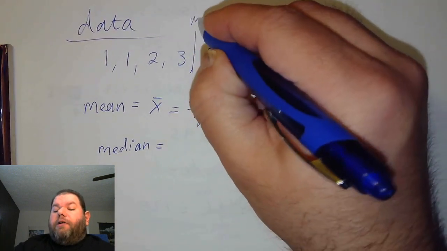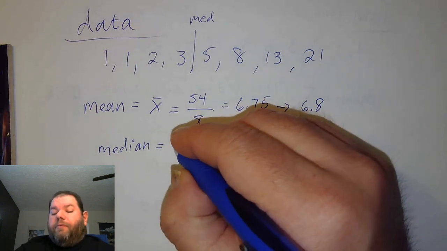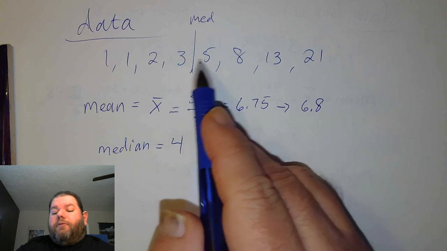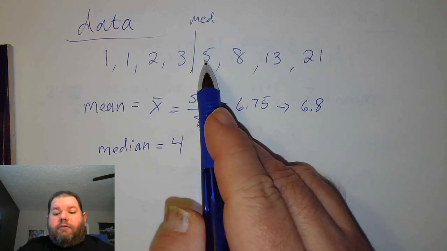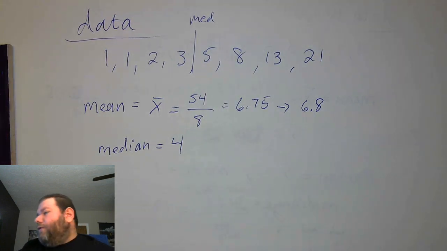So our median would be here. So if it falls between the 3 and the 5, what would we call our median? 4? Yeah, so we would add those two numbers together and then divide by 2. So 3 plus 5 is 8 divided by 2, which gives us 4.